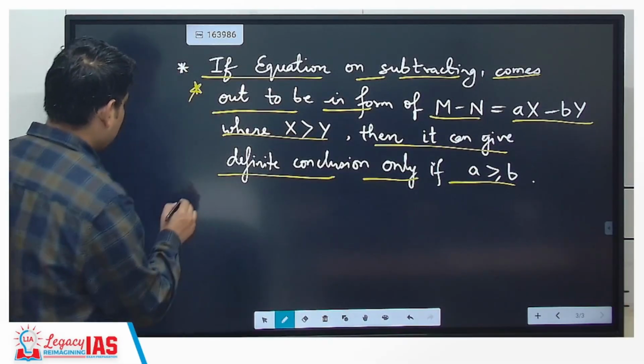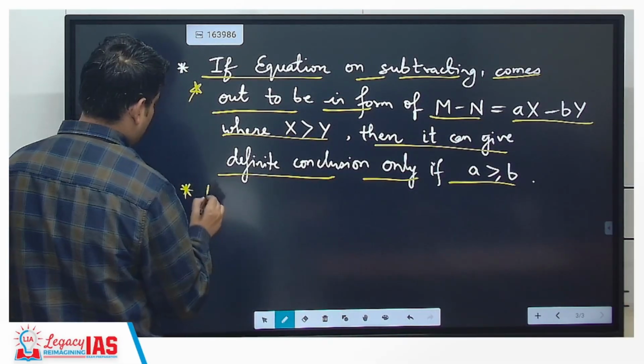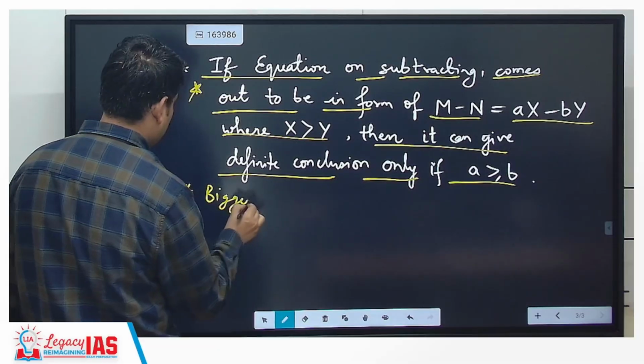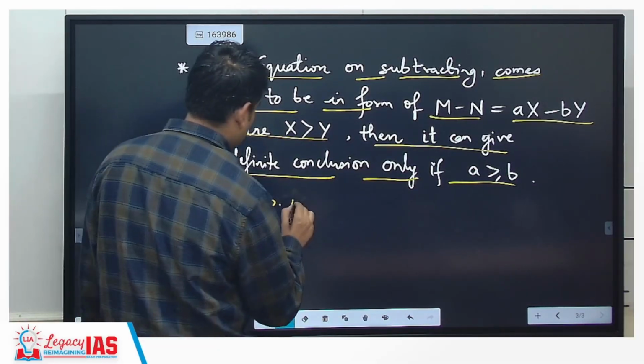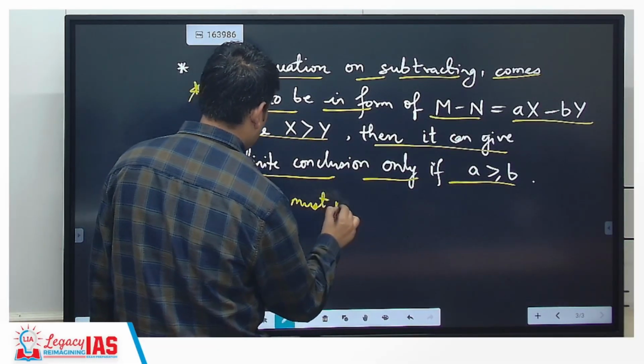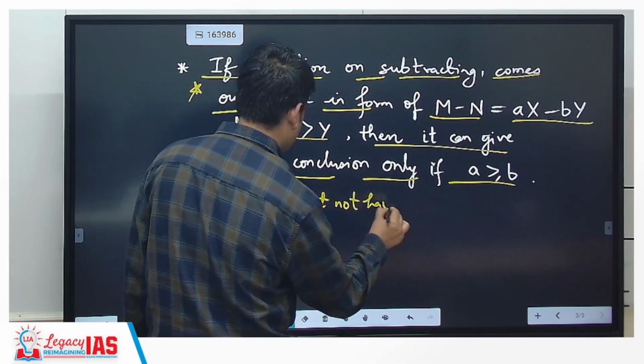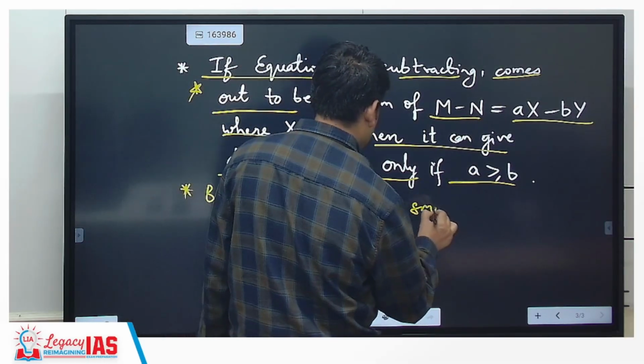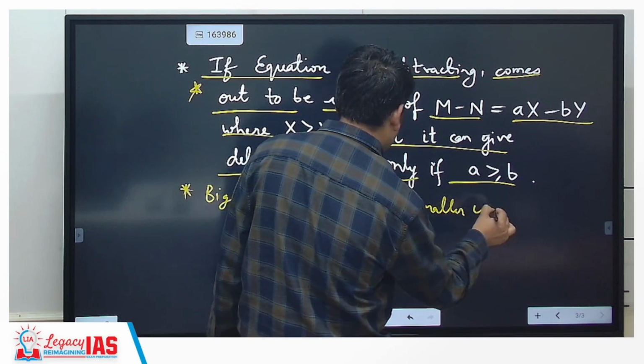Or in other words, bigger number must not have smaller coefficient.